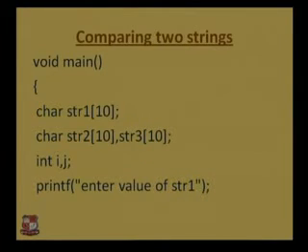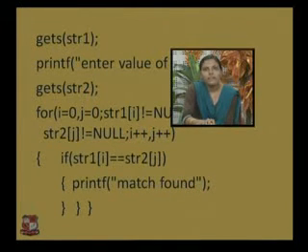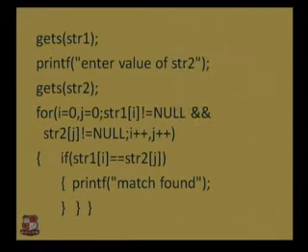I have taken two strings here, str1 and str2. For getting the string we can use the function gets. For comparing, we have to compare the strings one character at a time.